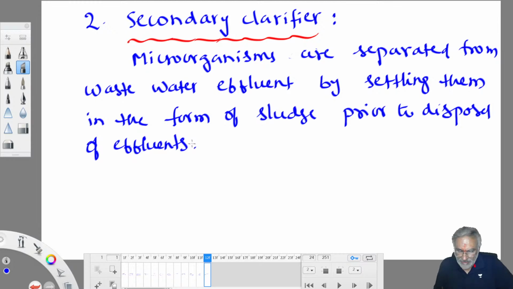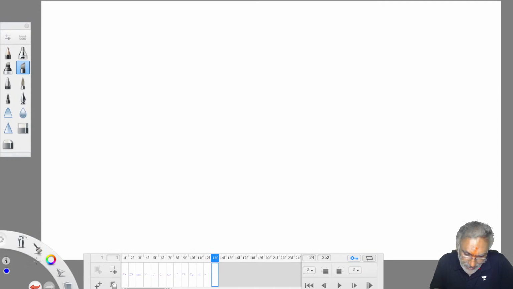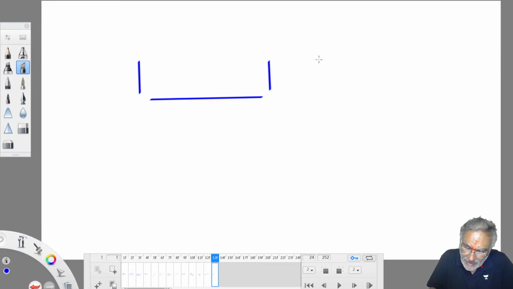Okay, so let us see. If you understand that concept, then you can better solve numericals using this one. So it contains two units. One is called the aeration tank. The other one is called the secondary clarifier.